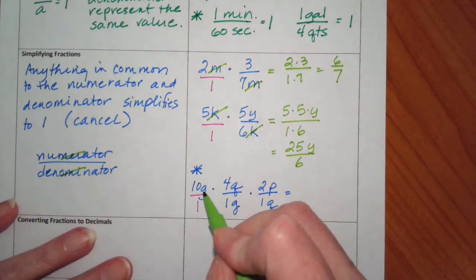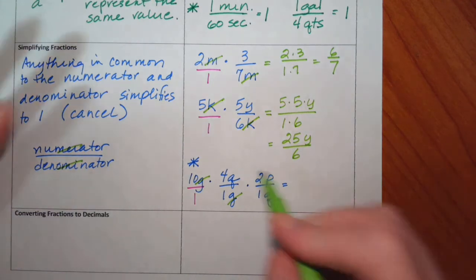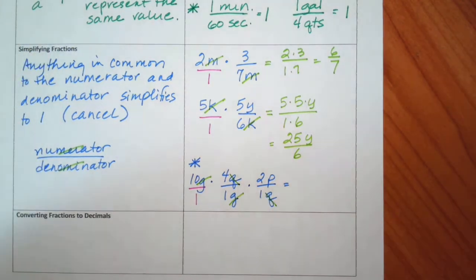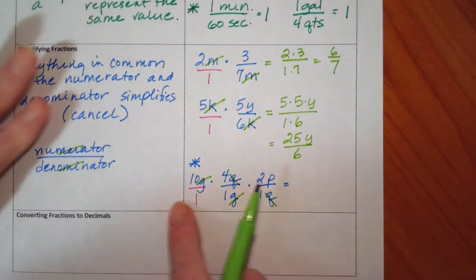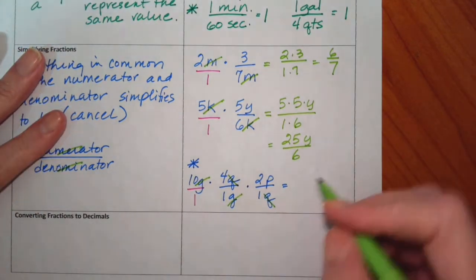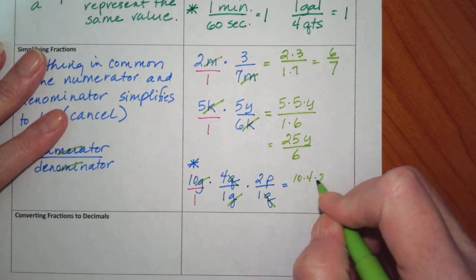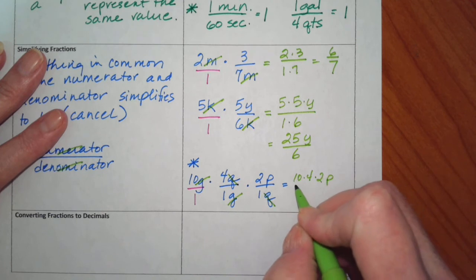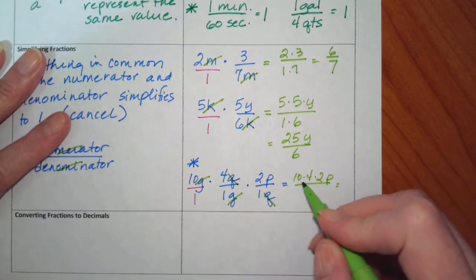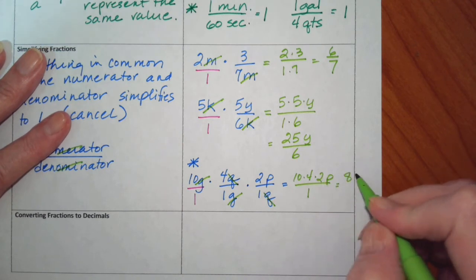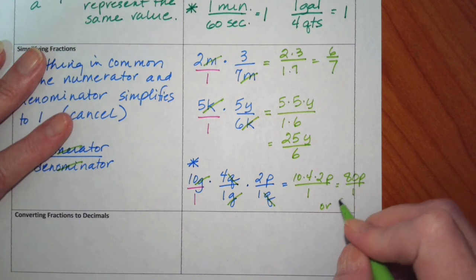Then I have a g in the numerator and denominator. I have a q in the numerator and denominator. And all I have now is 10 times 4 times 2p, all divided by 1 times 1 times 1. So this gives me 80p over 1, or I can just write 80p.